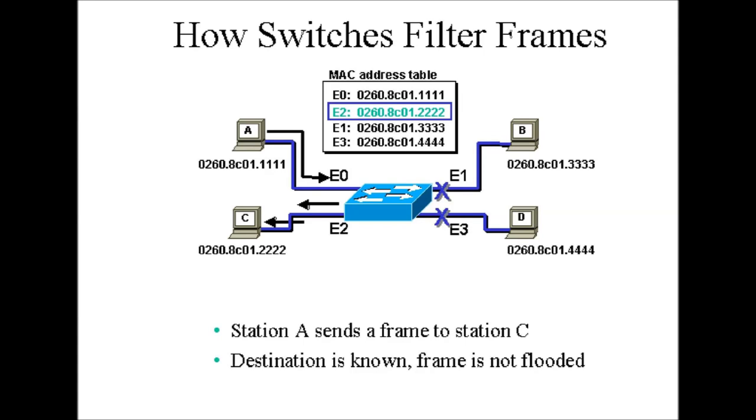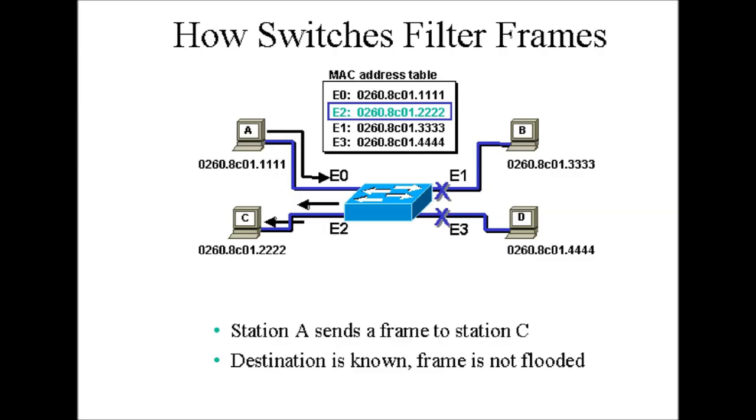You can see in the last, station A sends a frame to station C. Because station A's address is saved in the MAC address table, and station C's address is saved in the MAC address table of this switch, this switch will forward the frame to its intended destination.